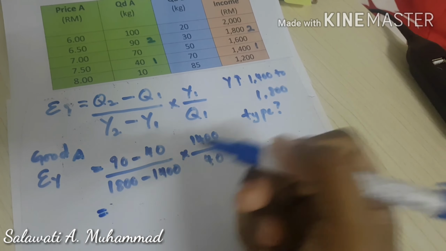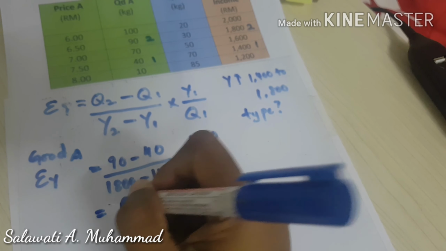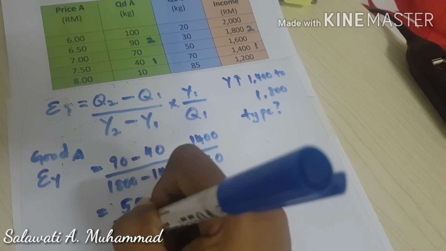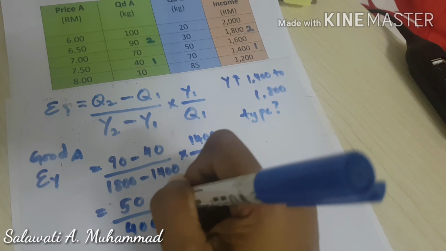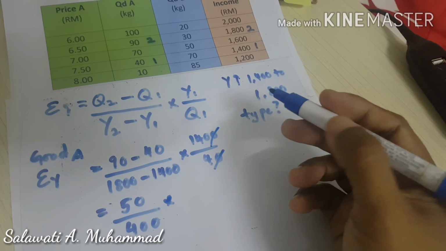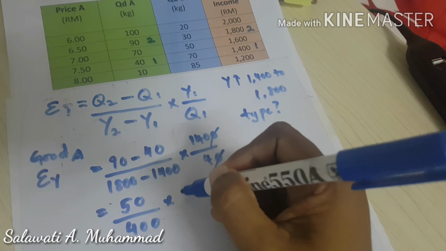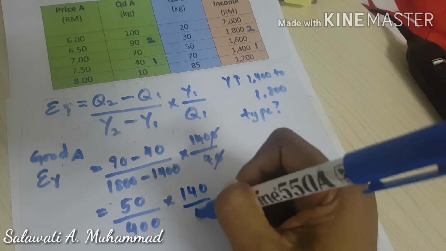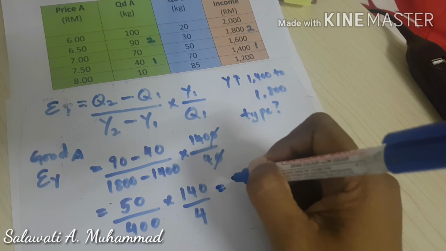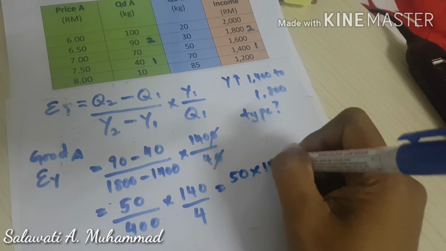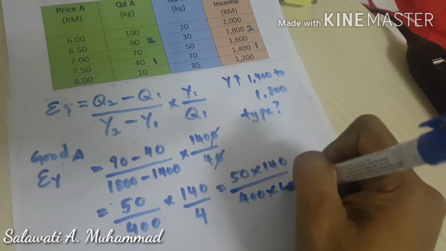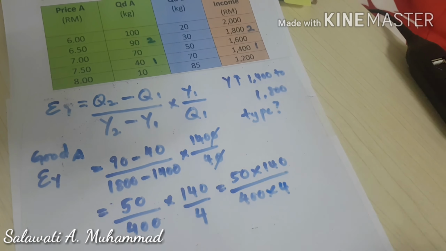It becomes 50 over 400 times, here we can make it smaller, 140 over 4. So 50 times 140 divided by 400 times 4.